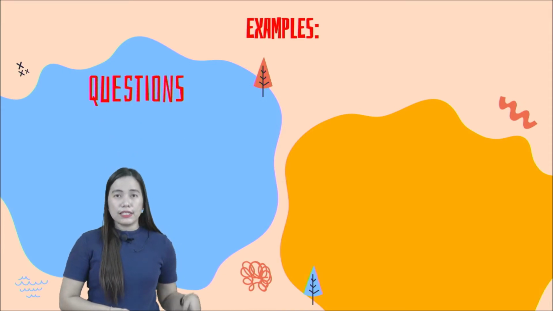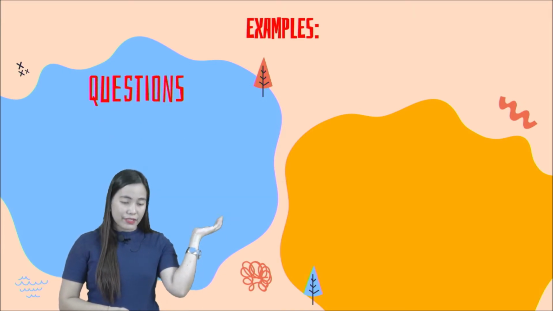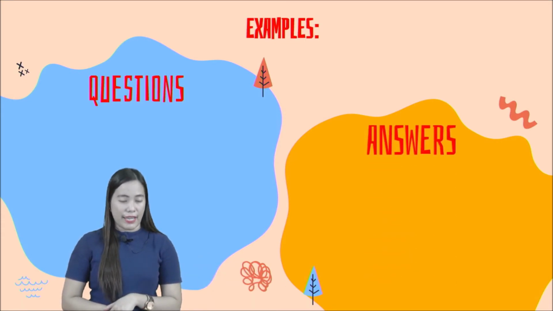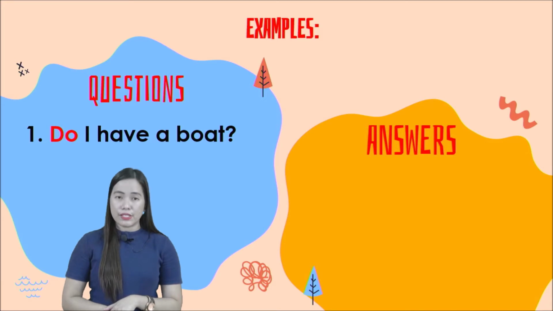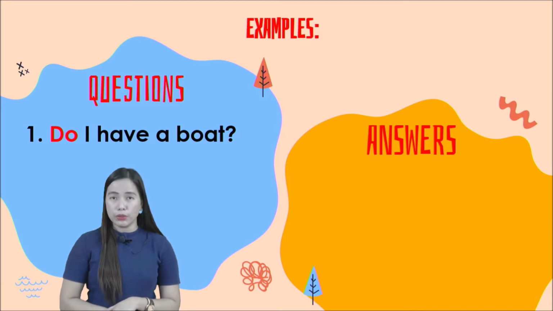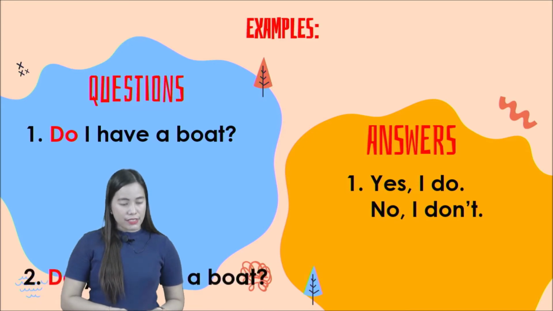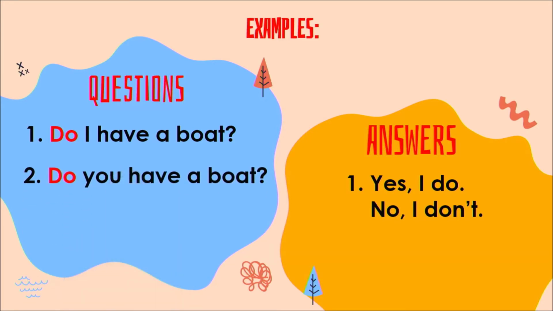In the first column, we have the questions, and in the second column, we have the answers. Okay? For number one question, do I have a boat? You can answer that by yes, I do, or no, I don't. And the next question, do you have a boat?